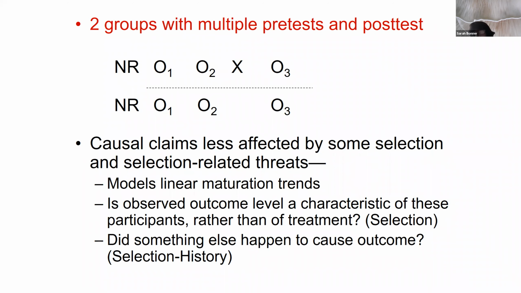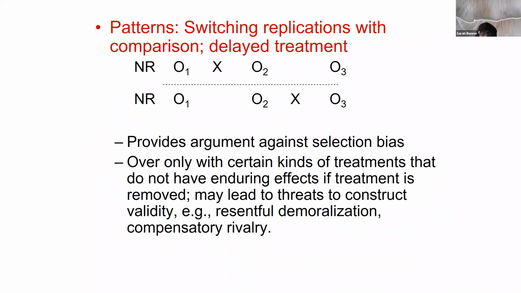And this becomes something you can statistically model. Those are nice things. You can't adjust for history: something could happen to people during the treatment that would affect the outcome other than the treatment. But this is a nice design to use multiple observations and get a stable baseline before treatment begins.